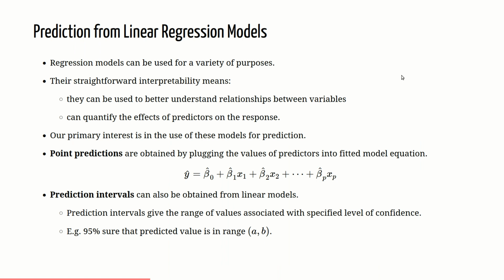So linear regression models are a really nice way of modeling data for really 2 reasons. The first is that they're very straightforward and interpretable, in that the coefficients mean something, right? And so you can use them to understand the relationship between one variable and another, i.e. if I increase this variable by 1 unit, how much does the response change after I adjust for all of the other things?